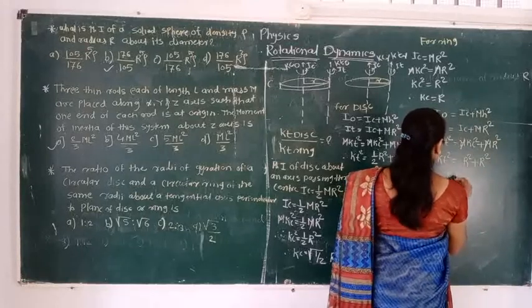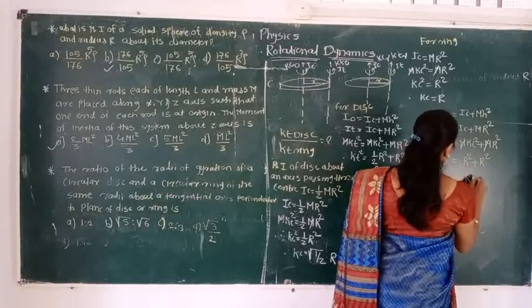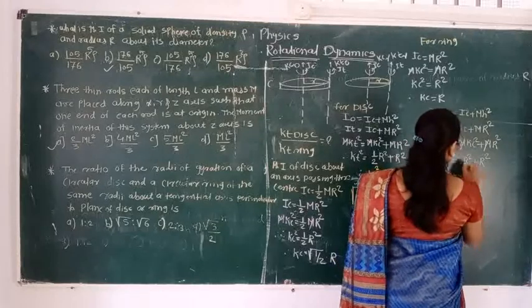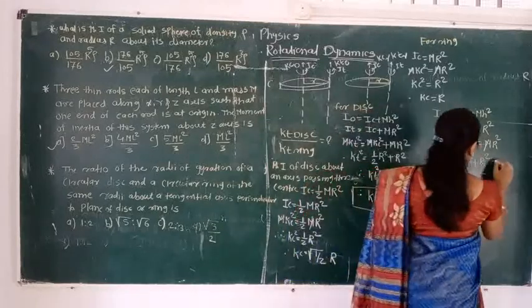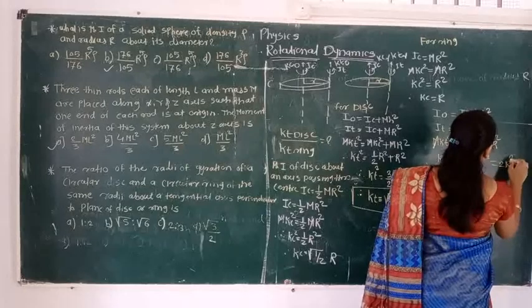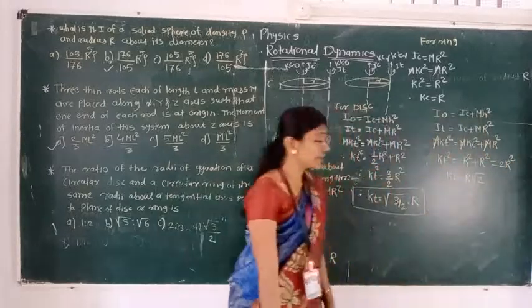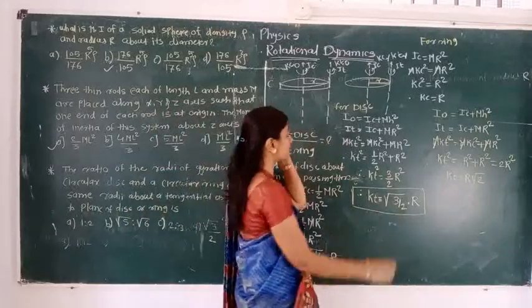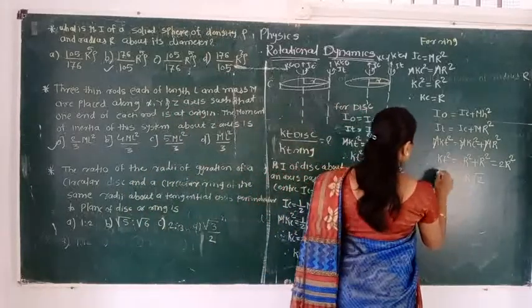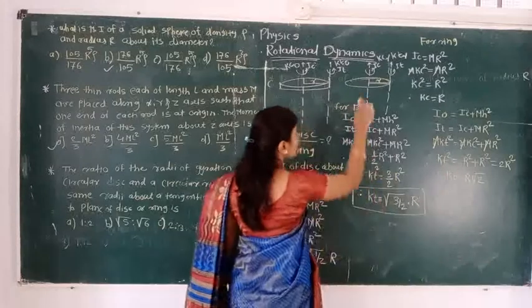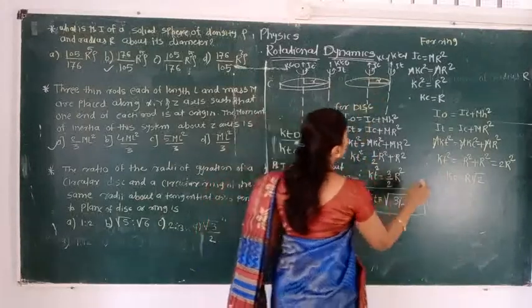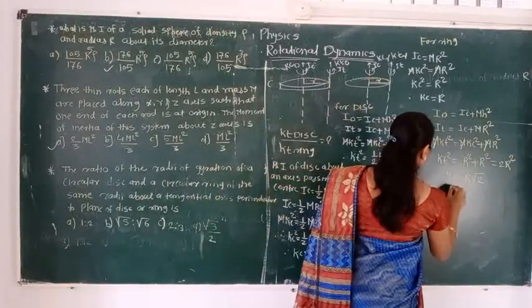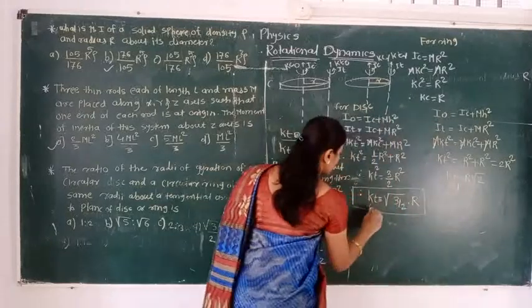Therefore kt is equal to r root 2, since the addition gives twice r square. This is the value of the radius of gyration of a ring about an axis passing through the tangent, and the earlier one is Kt for the disc.